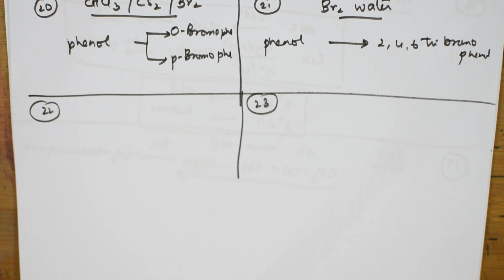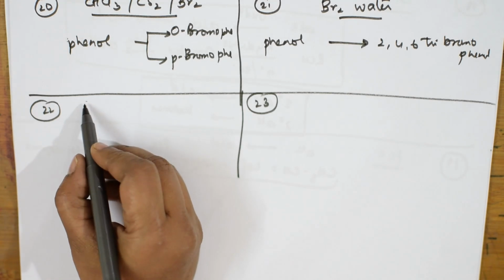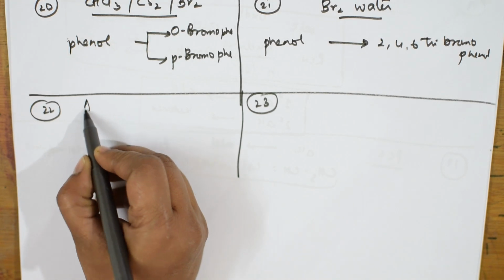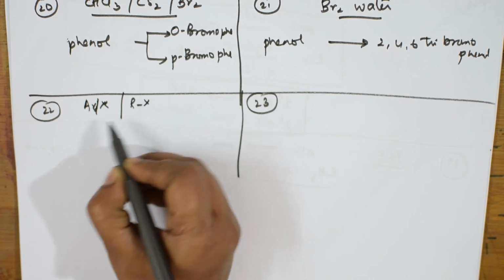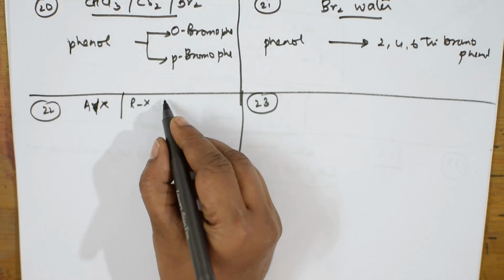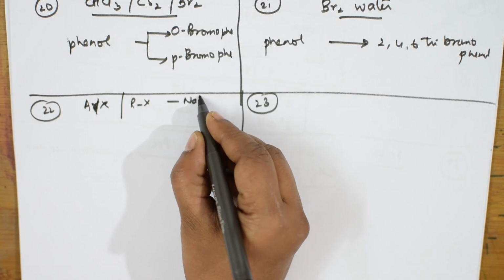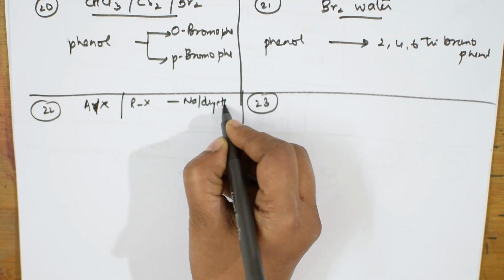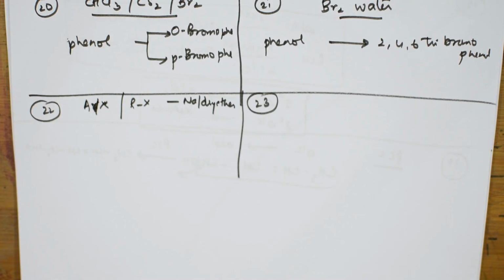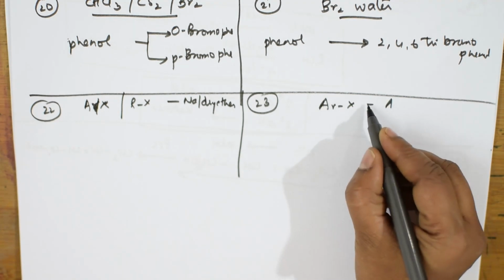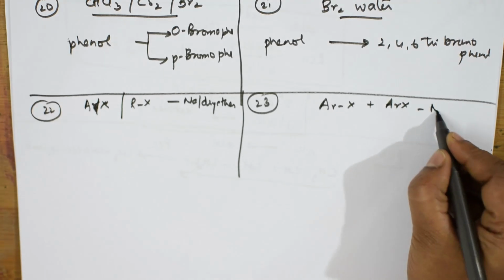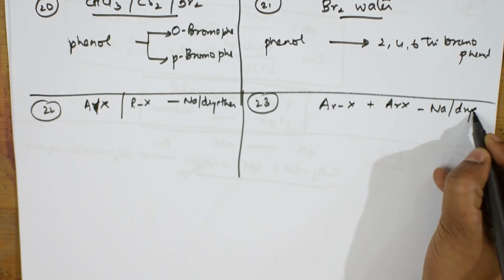Now, in the exam paper, if I see either ArX or RX, aryl halide or alkyl halide, along with this, if you see sodium in dry ether, here if you see ArX and ArX, there are 2 moles of ArX and you again have sodium in dry ether.